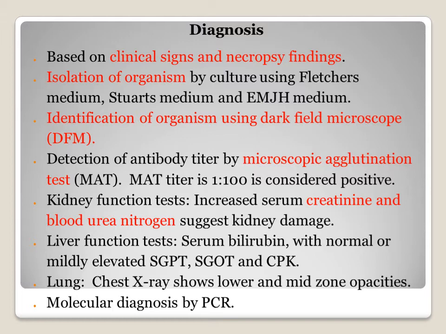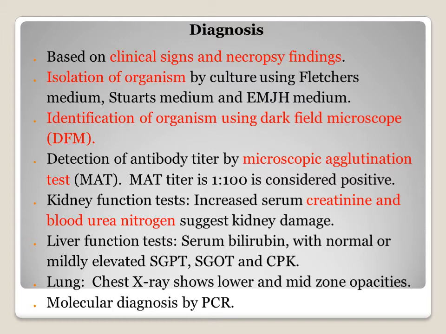Leptospira causes hemolysis and damage to the vascular system, so you will find hemorrhage, hemoglobinuria, red milk, jaundice, and other things. So clinical findings and necropsy revolve around organ failure.